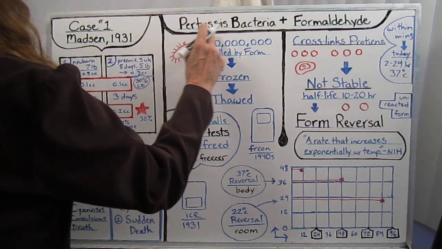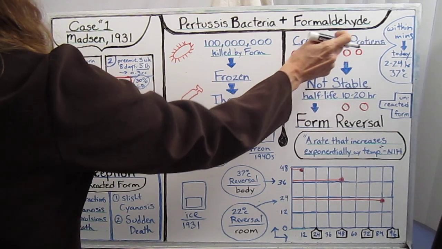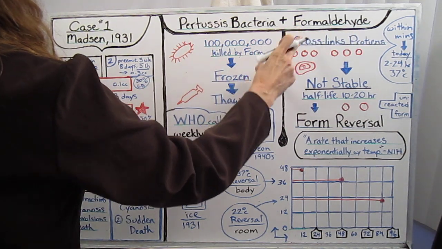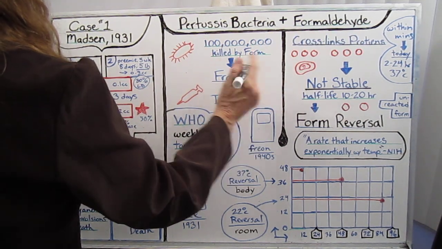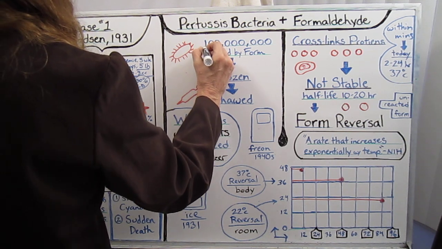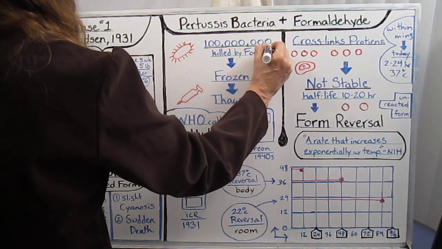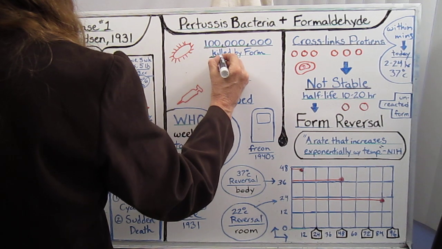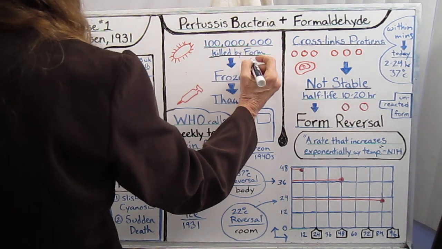So what did he give them? He gave them pertussis bacteria and formaldehyde, because they had discovered that that was a way to kill bacteria. It had 100 million bacteria that had been killed by formaldehyde, and they're very small.